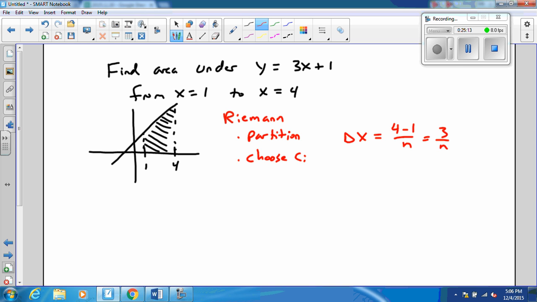So for our partition, again, it is easiest to use equal size subintervals so that my delta x for n rectangles is going to be 3 over n. And the xi that come from that are going to be the initial x0 plus i times the delta x.